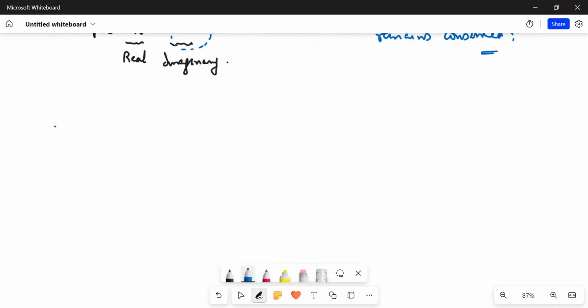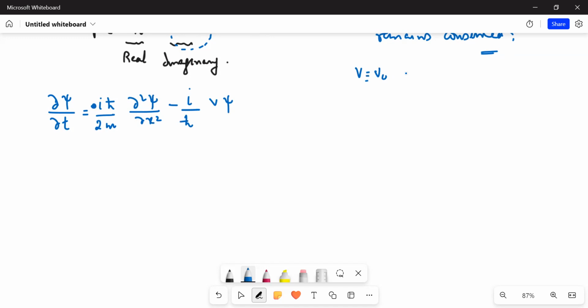We understand that psi satisfies the Schrodinger equation. So I'll write this as iota h bar upon 2m del square psi upon del x square minus iota upon h bar V psi. Now V is no longer real, rather it is V naught minus iota gamma.